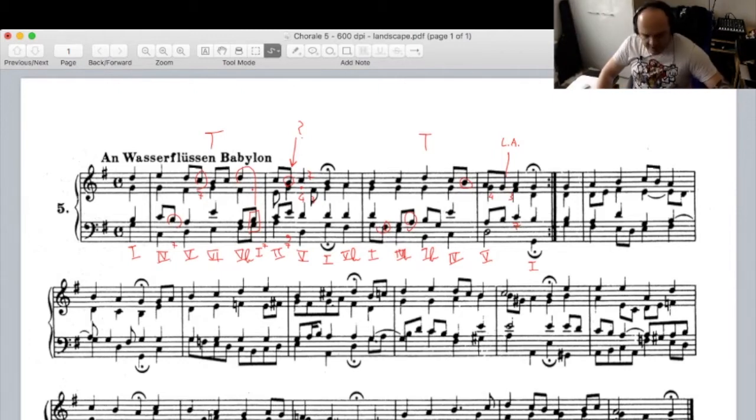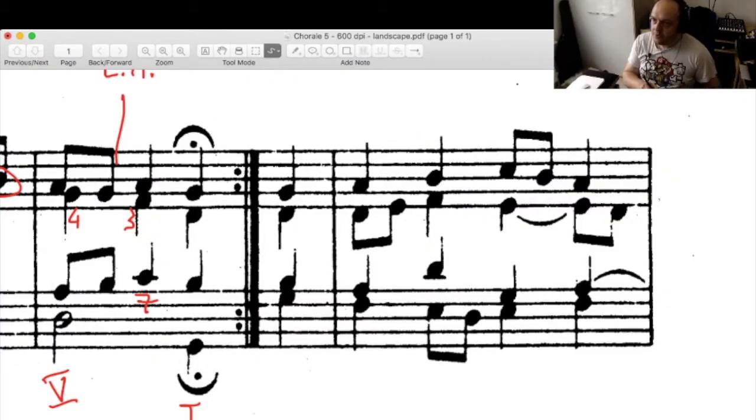There is a nice little chain of suspensions between the alto and the tenor. Let's have a look. Chord 1. Chord 5, first inversion, passing note.